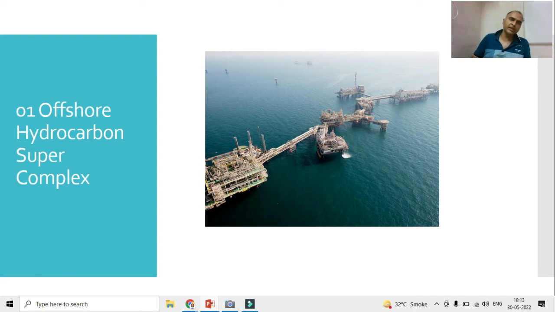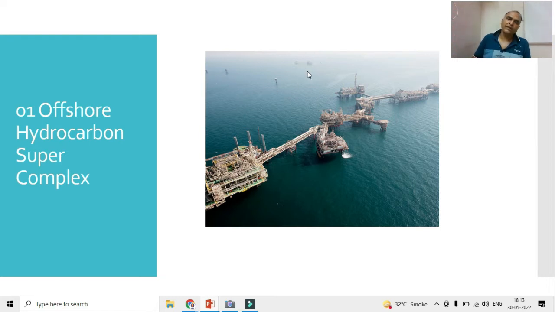Here we can see this is called the super complex. Super complex is nothing but platforms connected by bridges, offshore steel bridges. In this complete complex, I think these are the wellheads, we can see all the wellheads here. This is also a facility.